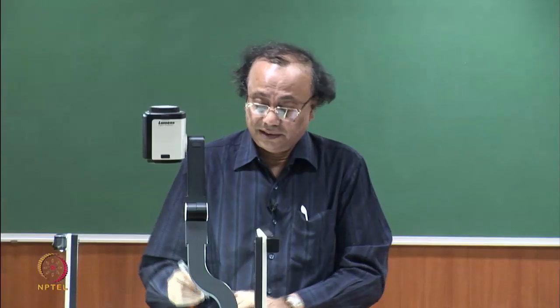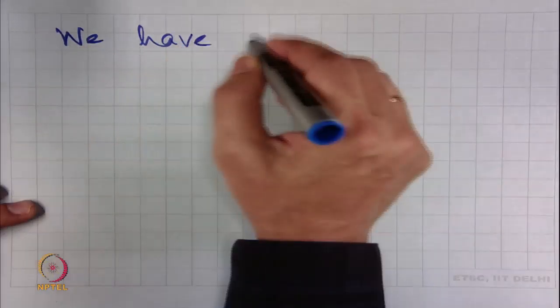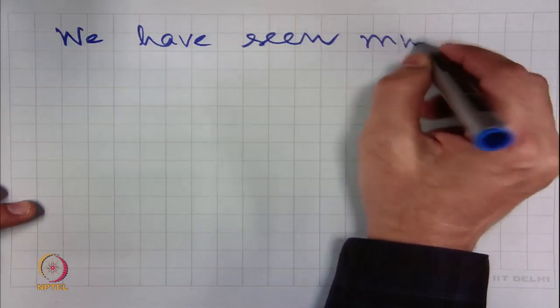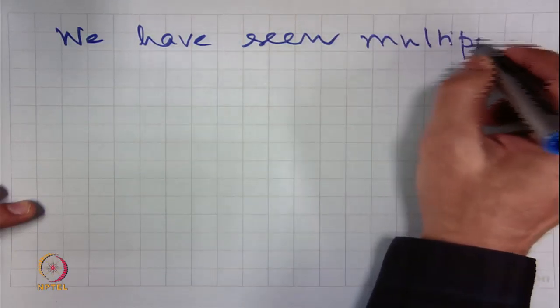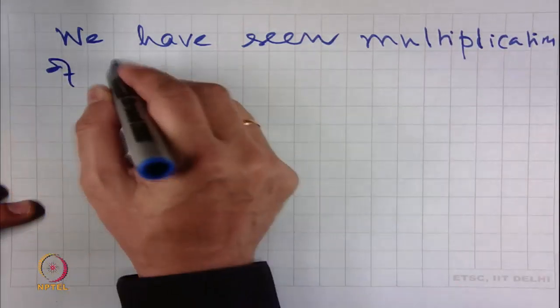In the last class, we have seen multiplication of fuzzy numbers.